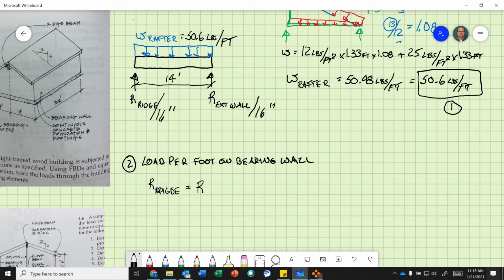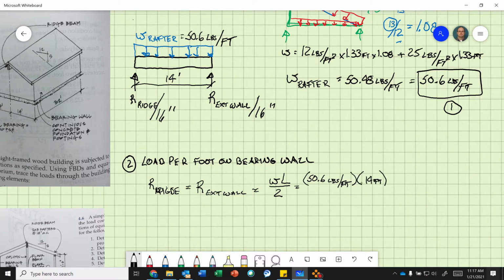equals the reaction at the exterior wall, the bearing wall, right? This is the bearing wall. Because remember, it's important to understand what side you're working on, which equals my line load times the length of my beam, which is my rafter, my span, divided by 2. So that equals 50.6 pounds per foot, and I multiply that times 14 feet.